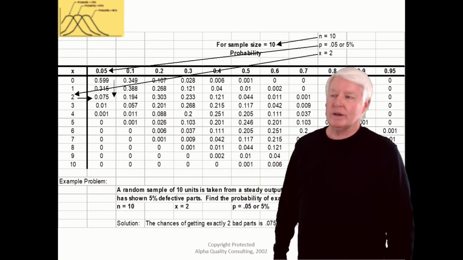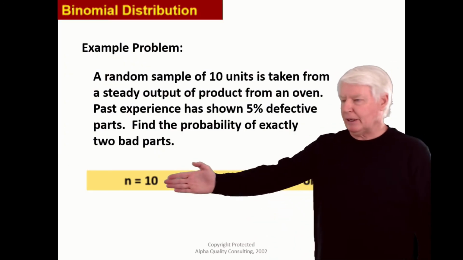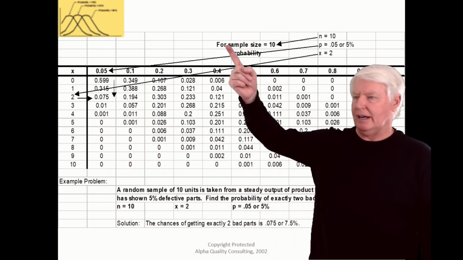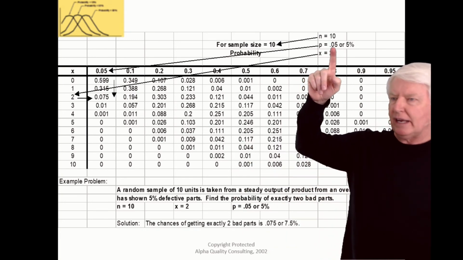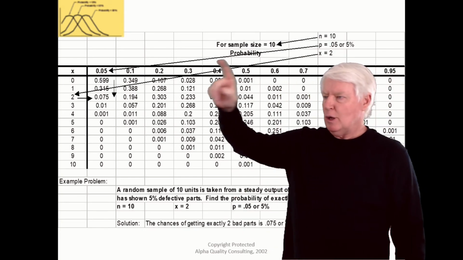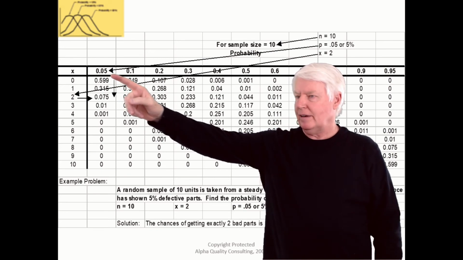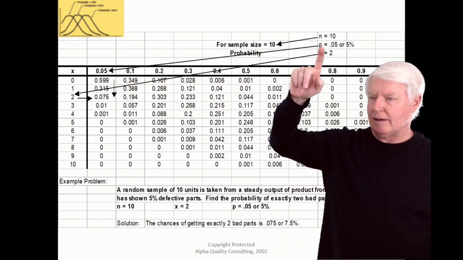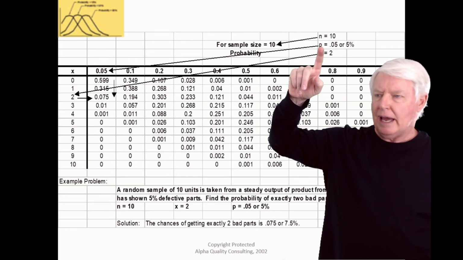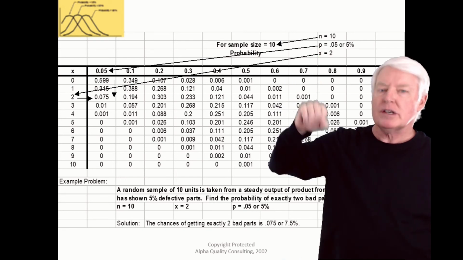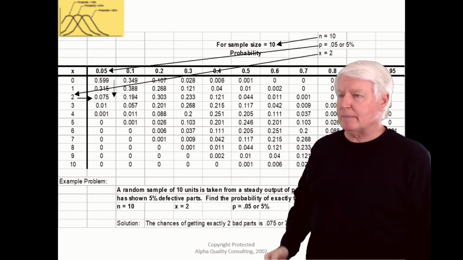Now, let's go to the table. First thing you have to do in the table, you have to find the table for that sample size. Sample size of 10, there you have it. Then I take my proportion, average proportion defective, and that's 0.05. Remember, I called it average proportion defective, but I could just as well call it average proportion of bad parts. Bad parts and defective mean the same thing.